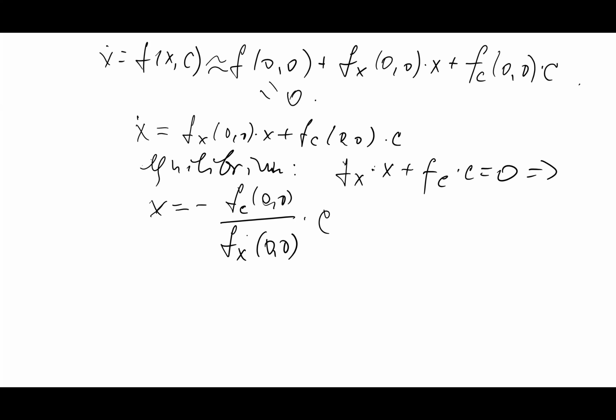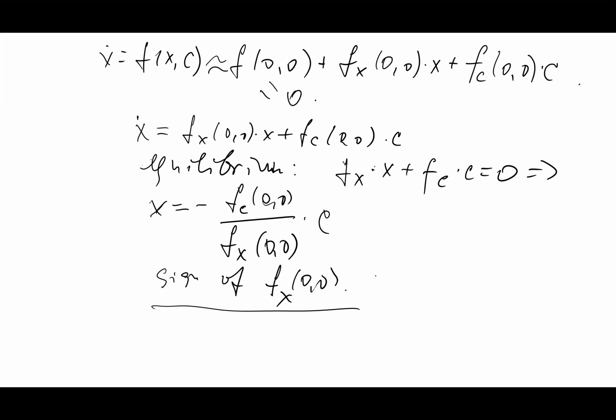So if c is small, x is also small. And the next point is about stability. Stability is given by the sign of the derivative of f with respect to x at 0, 0.